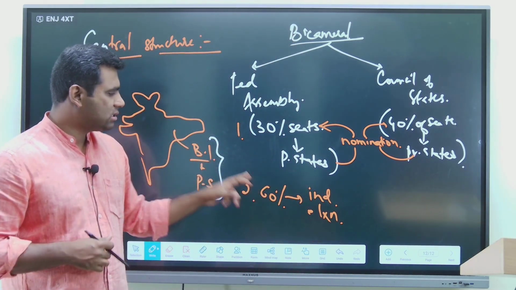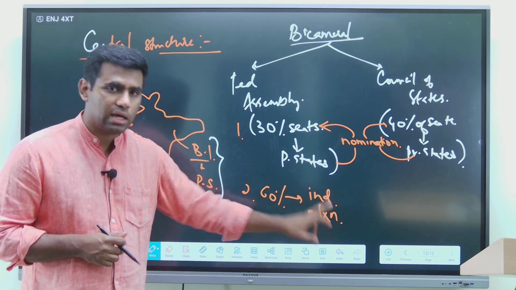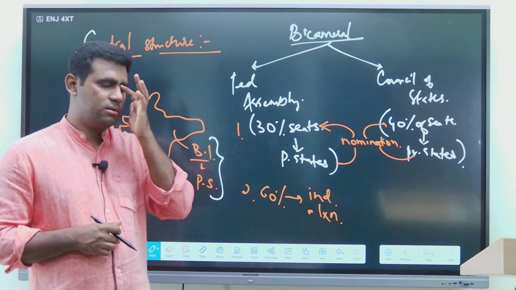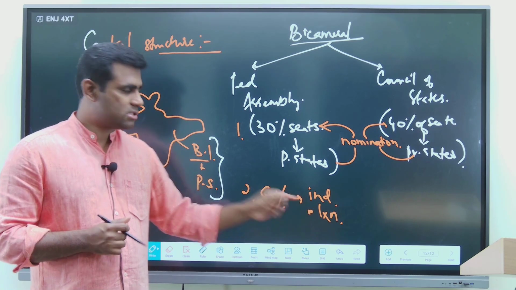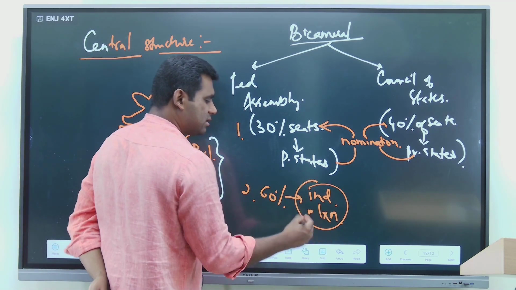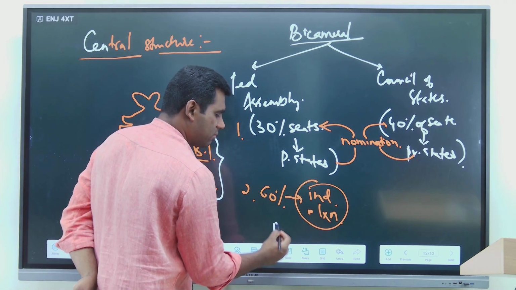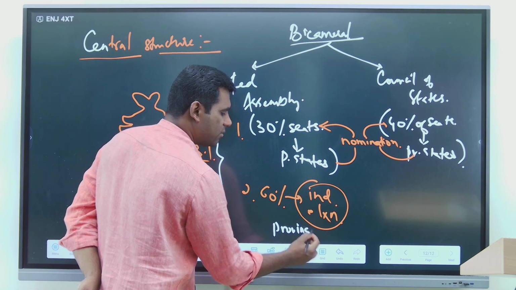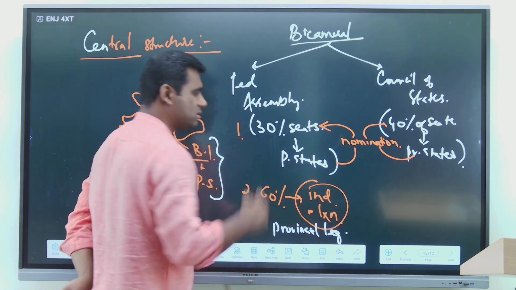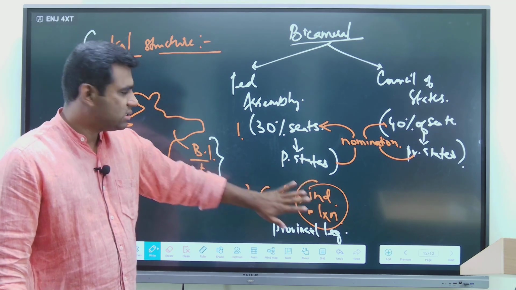Similarly, these 60% members are going to be elected indirectly by the proportional representation method. And who are going to be the electors? Indirect election, and the electors are going to be provincial legislature members.